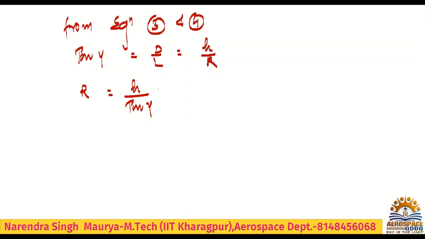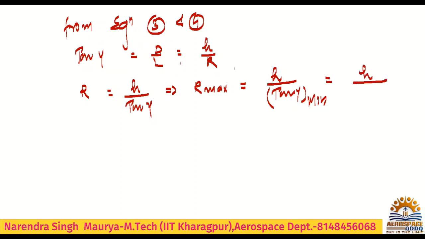If I say R max, what is the meaning of it? It means H by tan gamma, that means H by D by L.